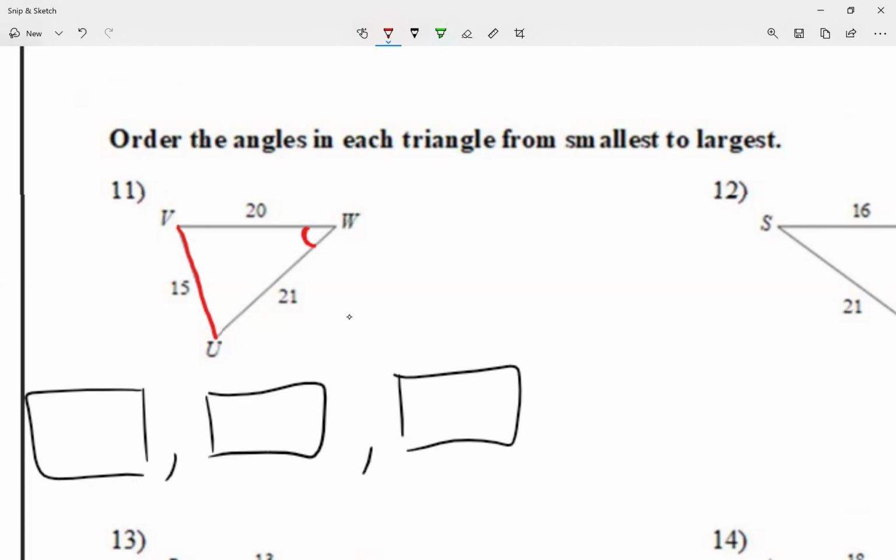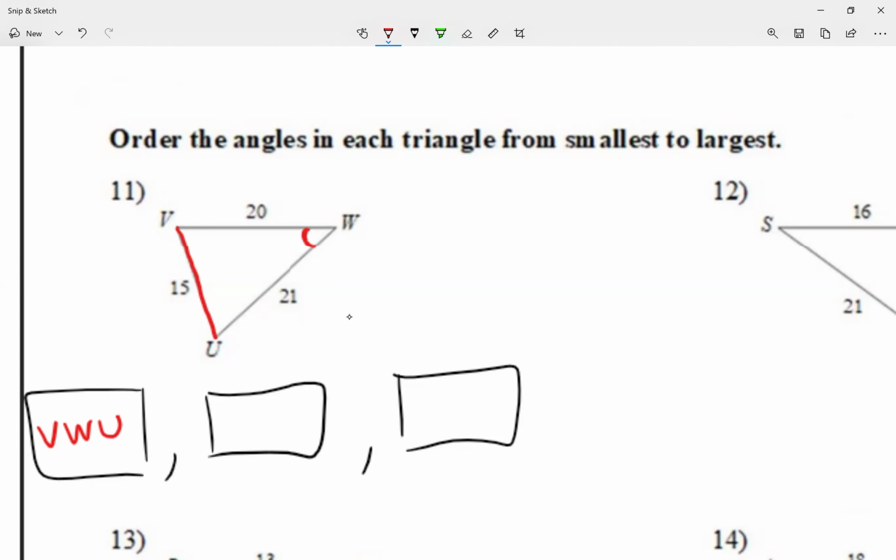So the way I'm gonna type this will be angle, I'm not gonna write the symbol of angle, I'm just gonna type in V W U. So all three letters, but I left W in the center because W is the vertex of the angle. So when we're using three for angle, we use three letters.